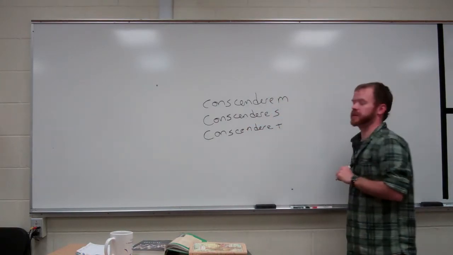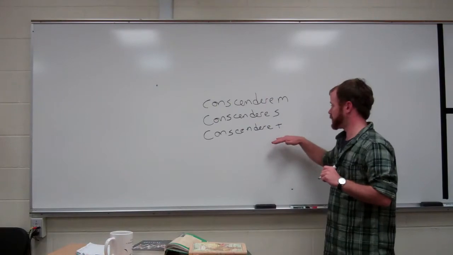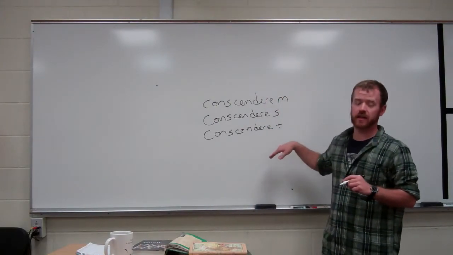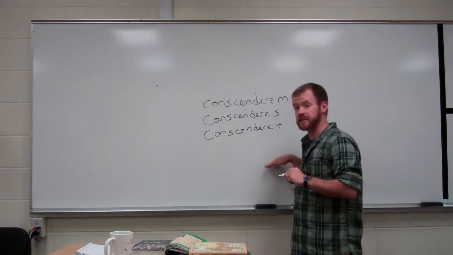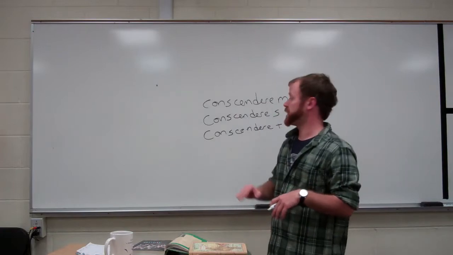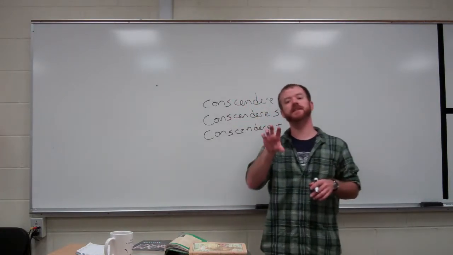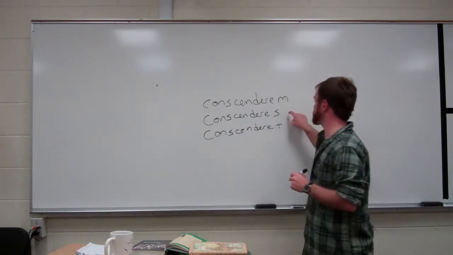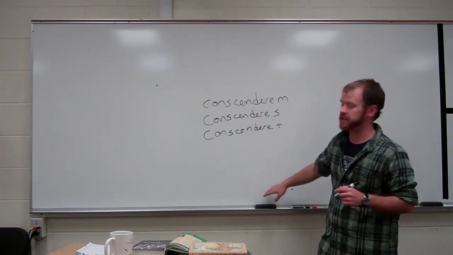Consenderet, third person singular. Consenderemus, first person plural. Consenderetis, second person plural. Consenderent, third person plural. That's all you have to do, is you take the second principal part, the infinitive form, and you add on the endings, M, S, T, MUS, TIS, and NT.